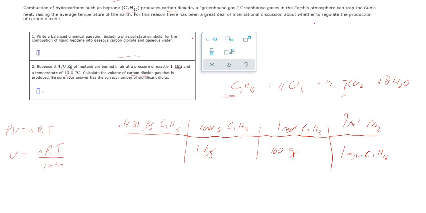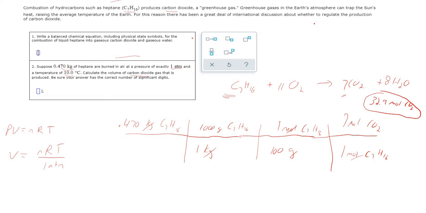And so I have here 0.470 times 1,000 divided by 100 times 7. If I do that, that gives me 32.9 moles of CO2.